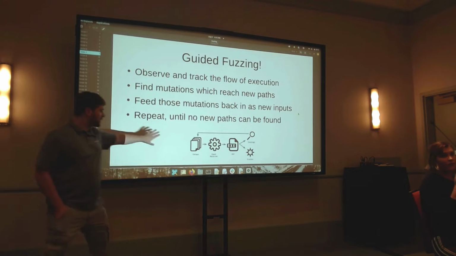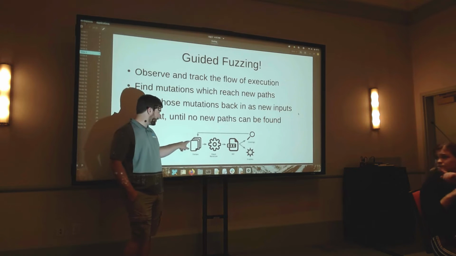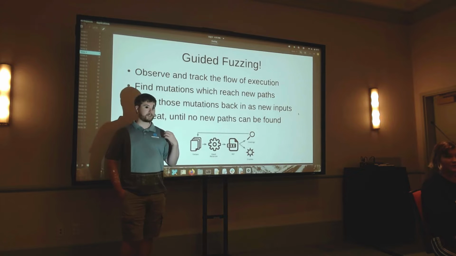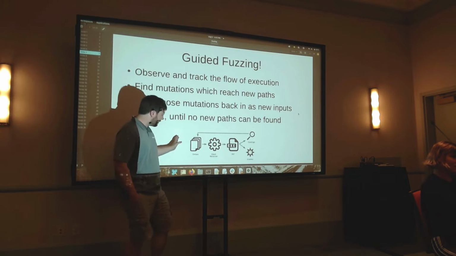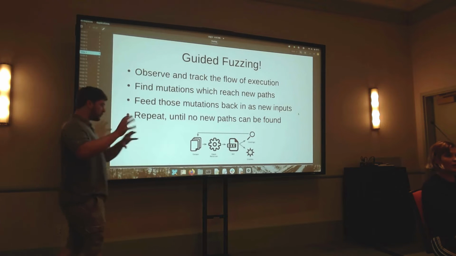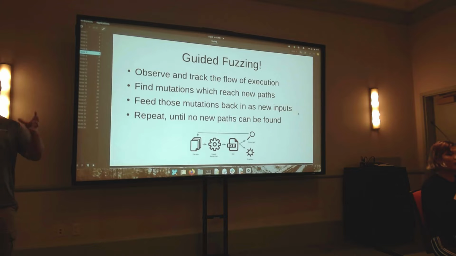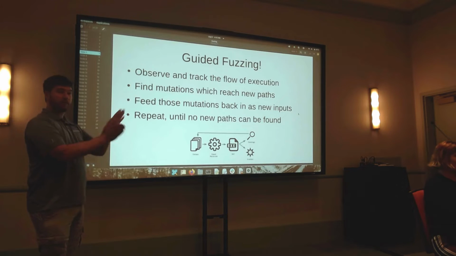Right? So consider this little diagram here. We have our input corpus. These are all of the files, the data files that we're going to hand to the fuzzer to use to try and find crashes. We feed those through some sort of input mutation engine, and maybe it just changes single bytes, or we give it some intelligent data to work with about the file format. We stuff those into the executable that we're going to fuzz, and one of 2 things can happen.